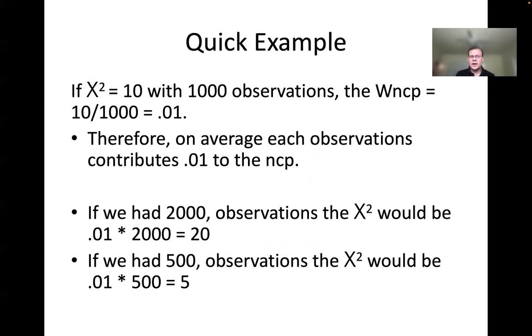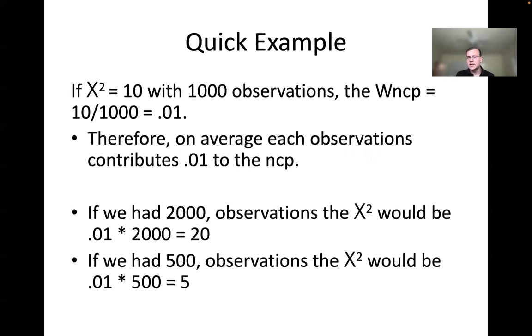So if we had a chi-squared value, for example, of 10 with 1,000 observations, the weighted non-centrality parameter would be 10, our chi-squared value, divided by 1,000, our number of observations, to give us 0.01. Therefore, on average, each observation contributes about 0.01 to the NCP.